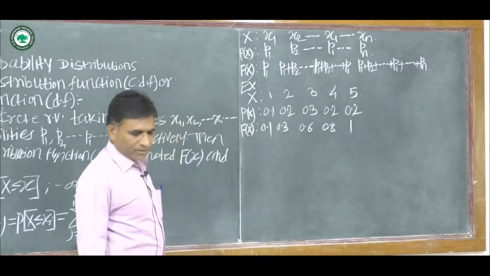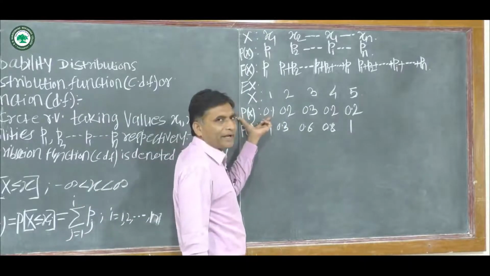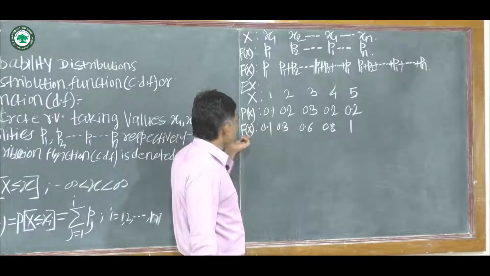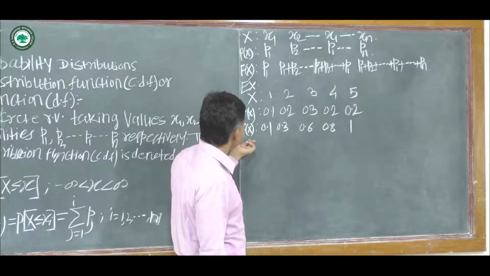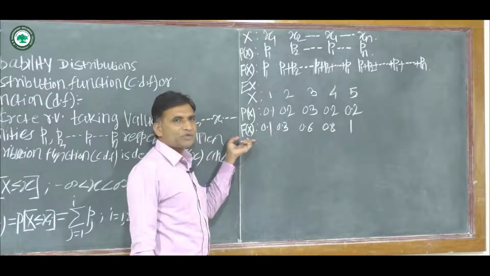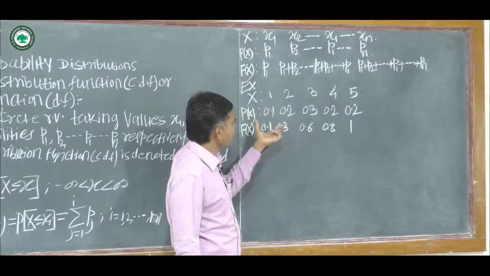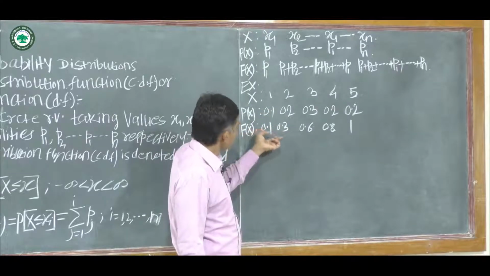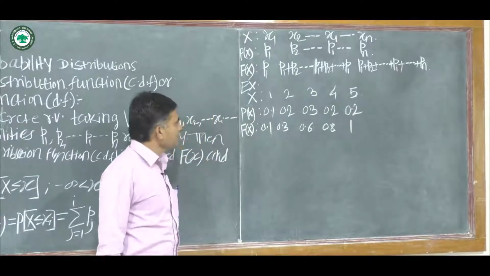That is, this is the cumulative addition of the p of x. Then we get the cumulative distribution function CDF, or it is also called the distribution function only. We add these probabilities cumulatively, we get capital F of x.